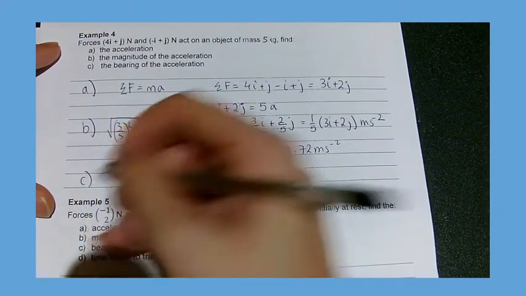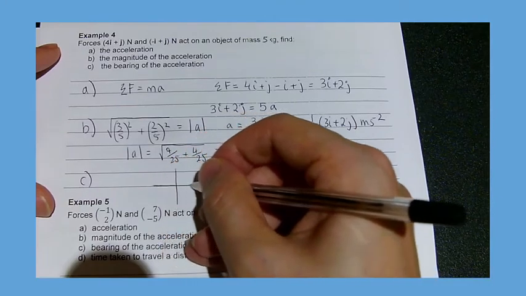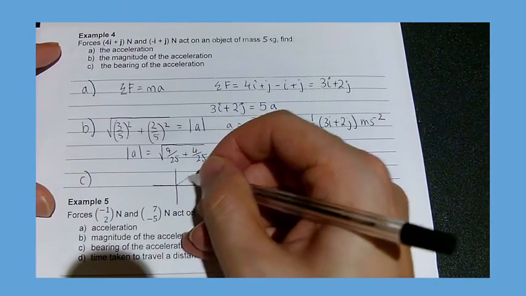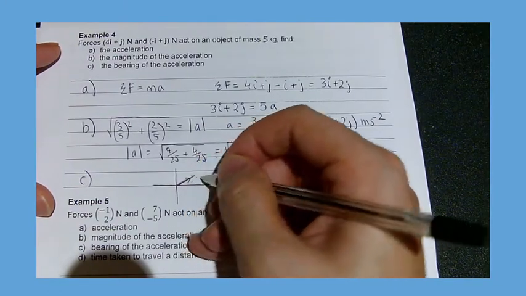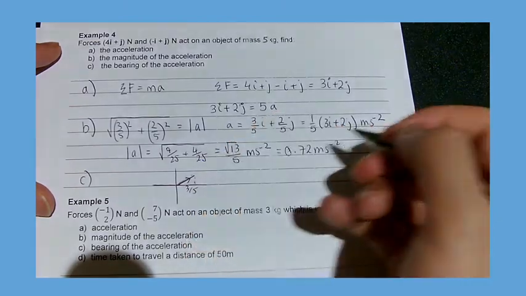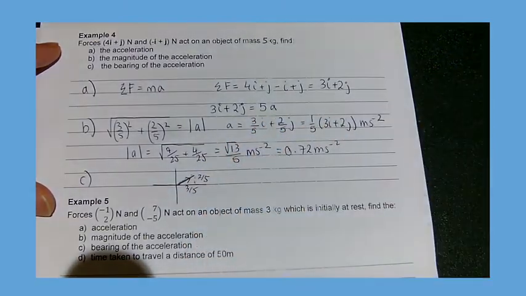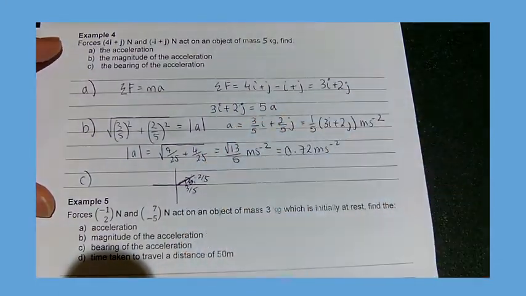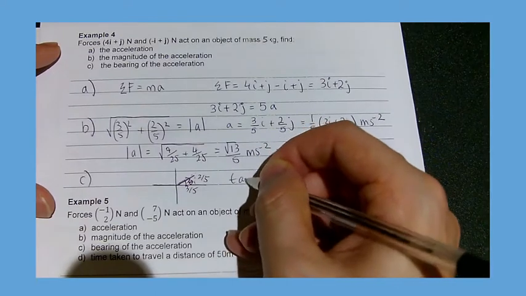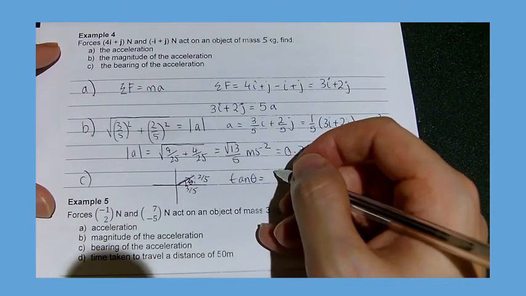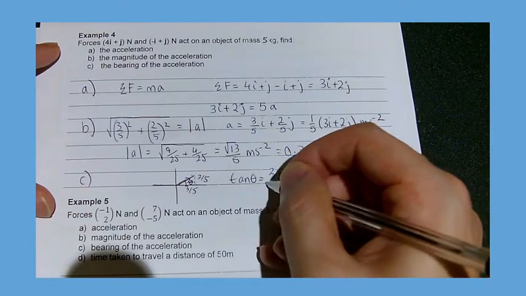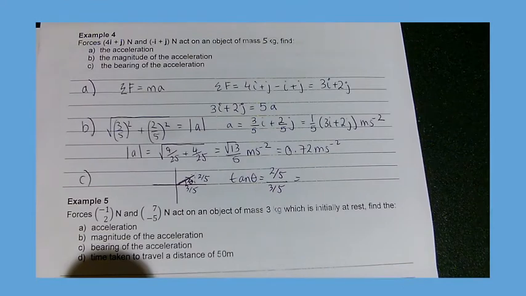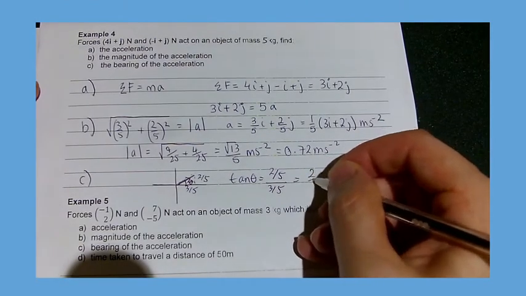And the bearing of this acceleration, again, doing a quick diagram will help us to illustrate this. It's 3 over 5i plus 2 over 5j. So it's going to look like this: 3 over 5 long, 2 over 5 up. Okay, and we want the bearing, so it'd be good to get this angle here, which we can do with this. Tan theta equals opposite over adjacent, 2 over 5 divided by 3 over 5, which is 2/3.